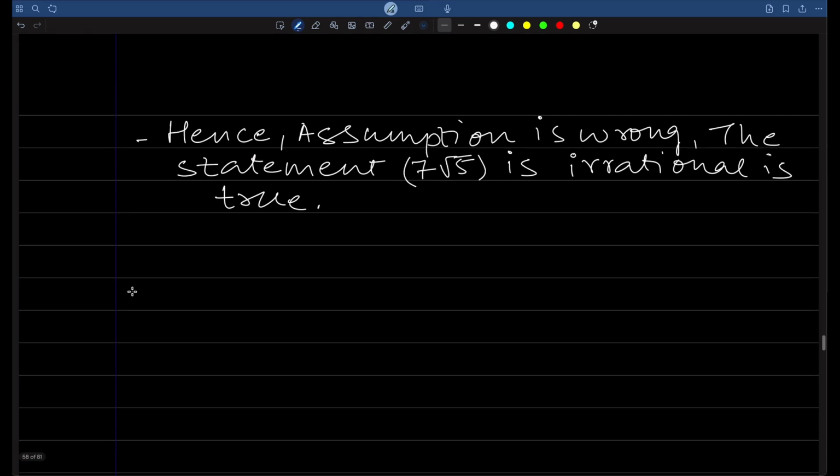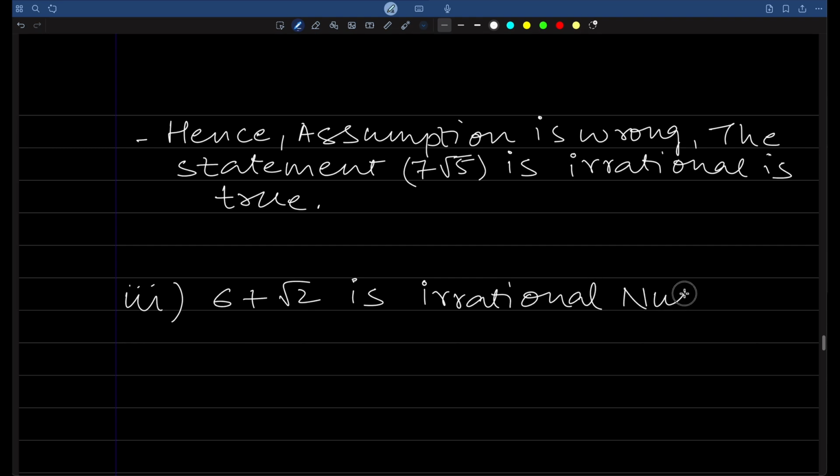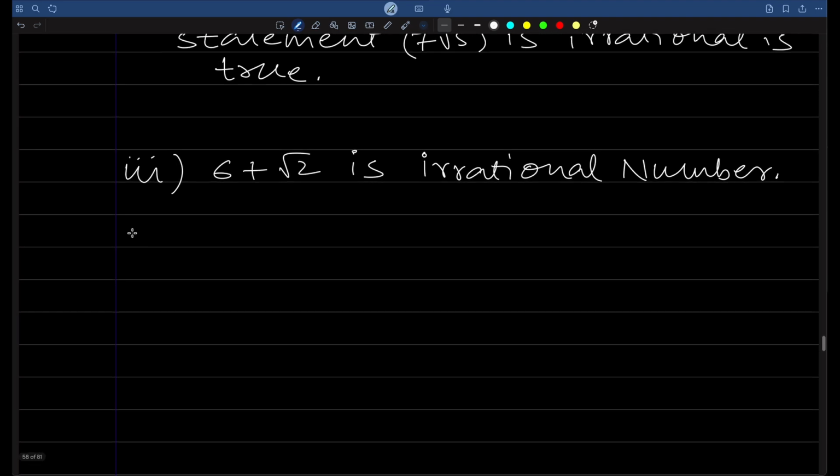Now let us solve part 3, that is 6 plus under root 2 is irrational. The statement is 6 plus under root 2 is irrational.